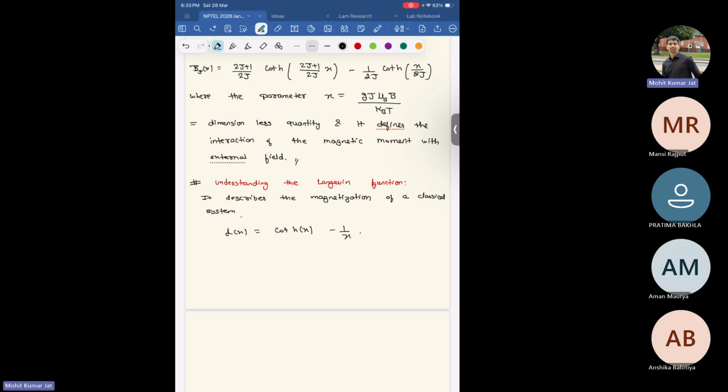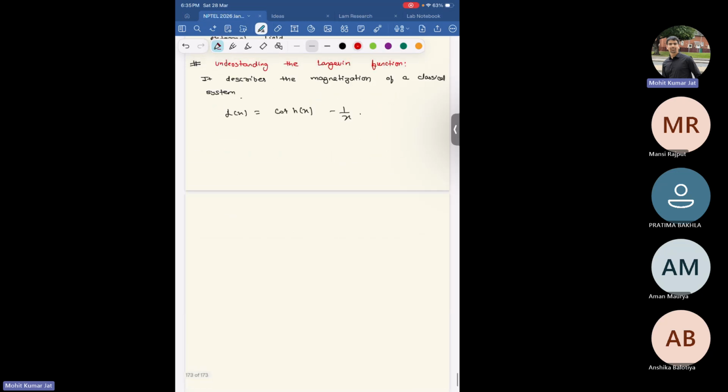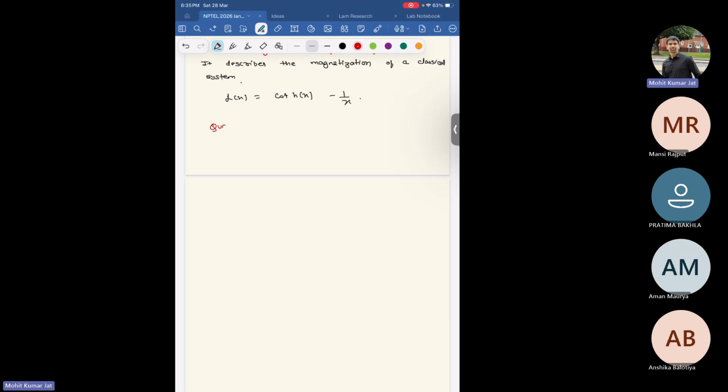So whenever you have to go from quantum mechanics to classical mechanics, what are the key parameters? First, you can increase the temperature, because this will broaden the energy levels.